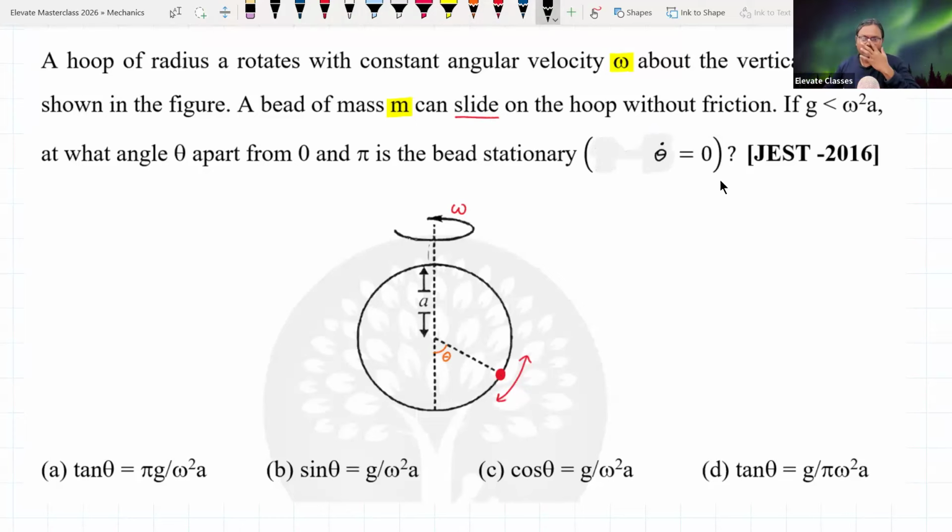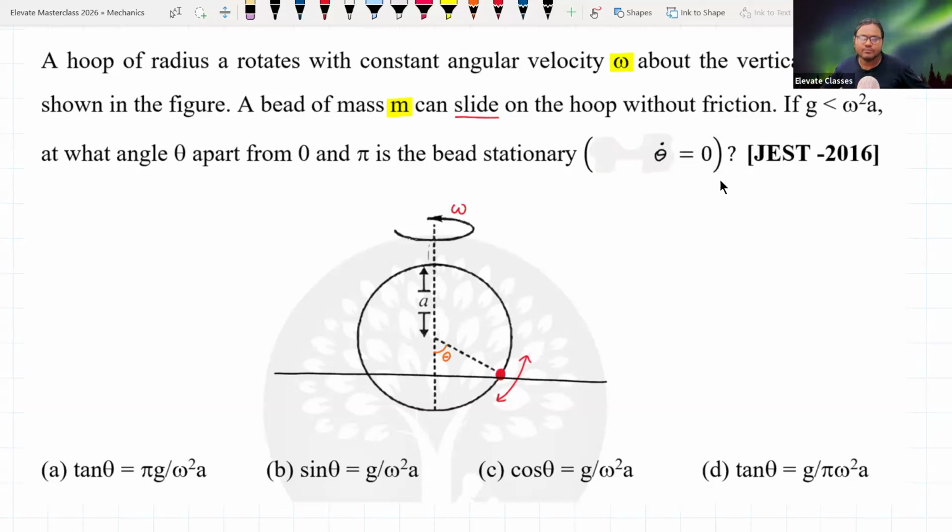Are you understanding? As the circular hoop is rotating, the bead which can slide on the hoop is also rotating. But it is being said that if the bead has a constant height, that means there is vertical equilibrium, then what is the condition for the vertical equilibrium?